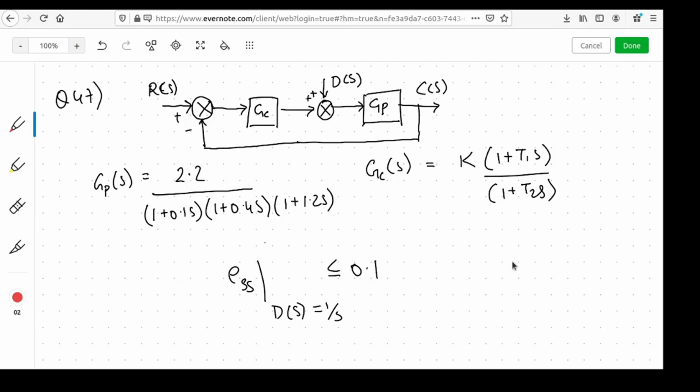So you'll have Gp here and the output, then the summing point with the disturbance input, and then you have the compensator block.